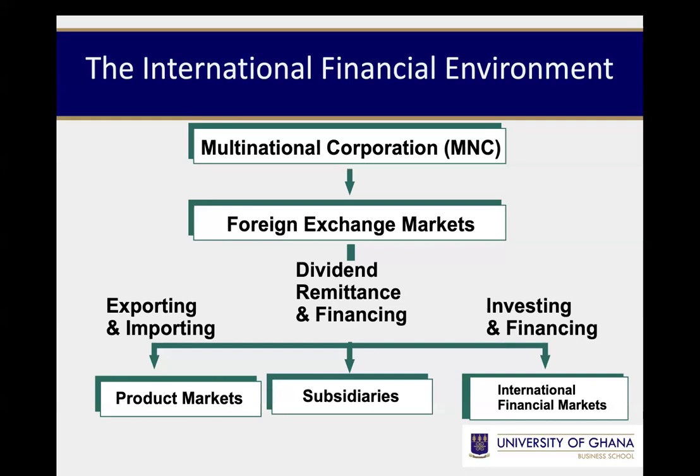So when we talk of a multinational company, we are defining that as firms that engage in some form of international business. What it means is that their financial management will be considered international financial management.